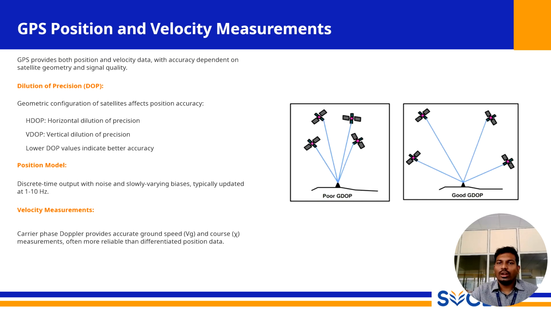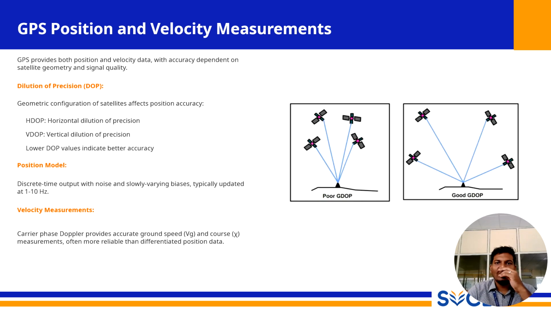A primary factor affecting accuracy is the concept known as dilution of precision, or DOP. The geometric configuration of the satellites affects position accuracy. As the diagram on the slide illustrates, when the satellites the receiver is tracking are all clustered together in the sky, it results in a poor geometry, or a high DOP value.